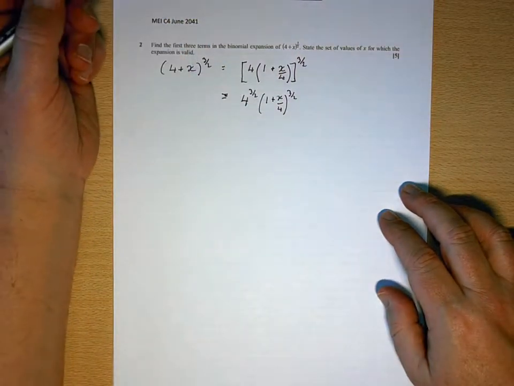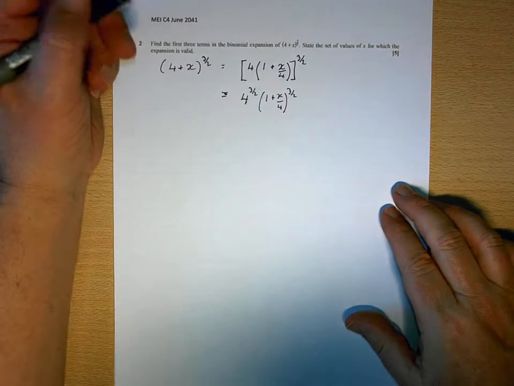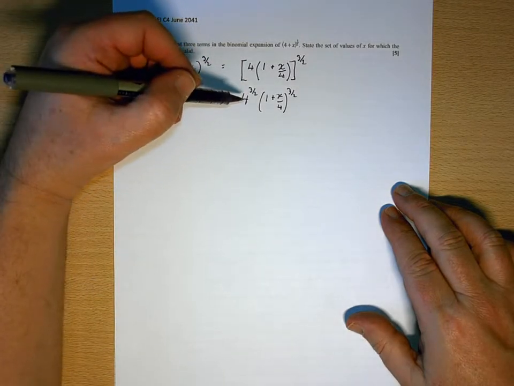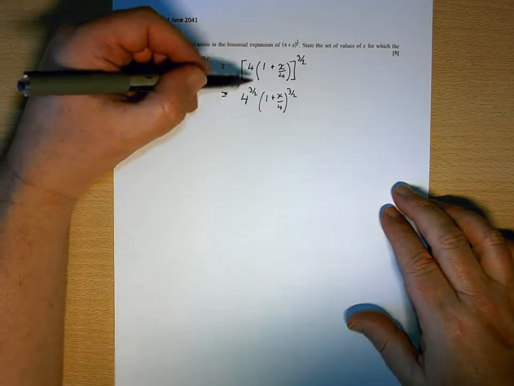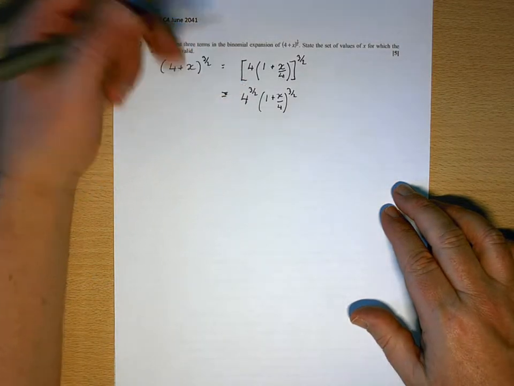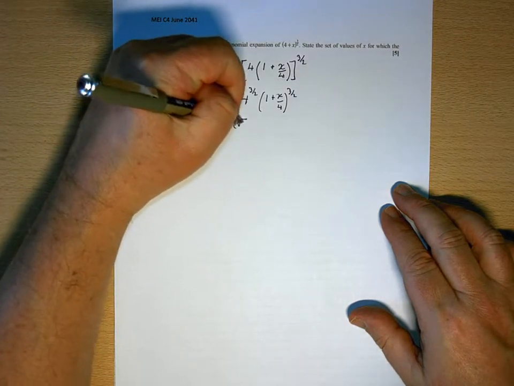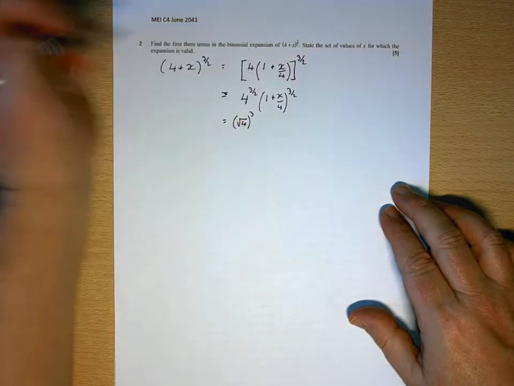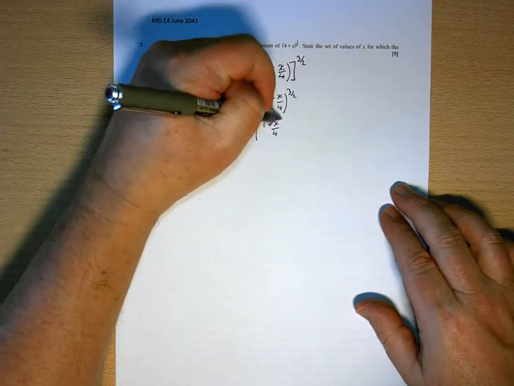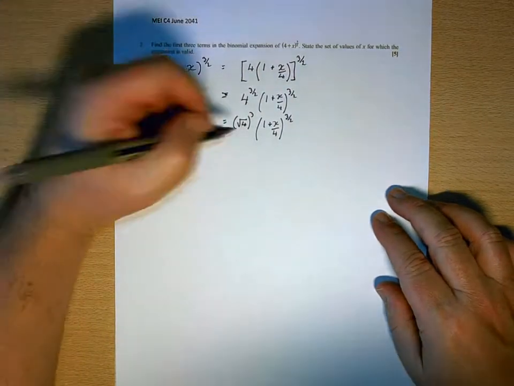That level of indices would be something you would be expected to deal with comfortably on a higher tier GCSE paper. The over 2 bit is telling you that it's a square root of the base, and the numerator part, the 3, is telling you that that is cubed. So we can write that as the square root of 4 cubed times 1 plus x over 4 to the 3 over 2.